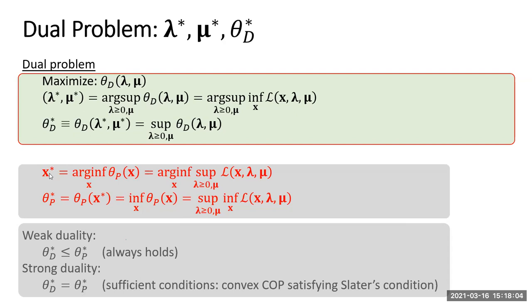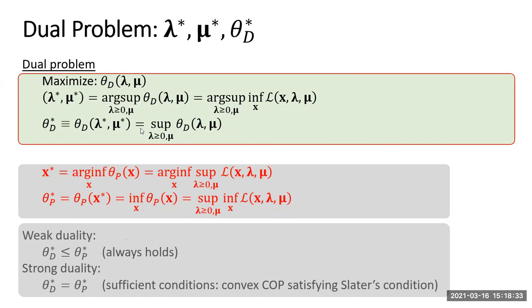Now, x star, this we have shown previously. X star equals the arg inf of the primal function, and we get this value, theta p star. So this is the supremum with respect to lambda mu of the infimum with respect to x of the Lagrangian.